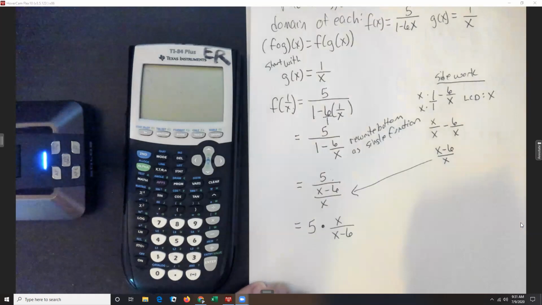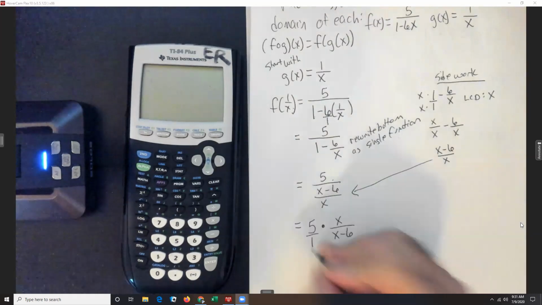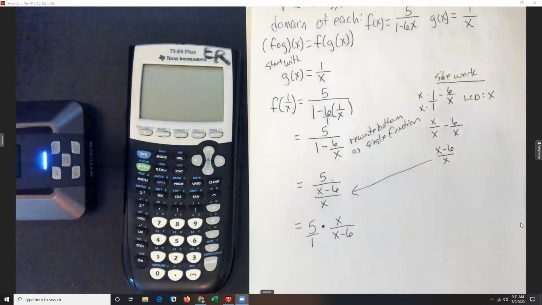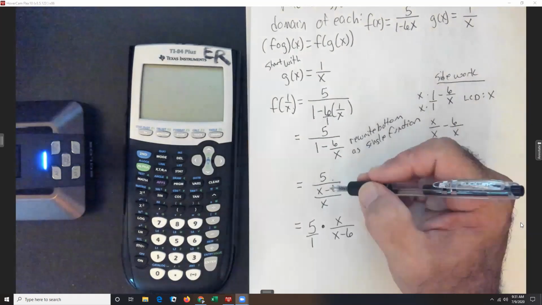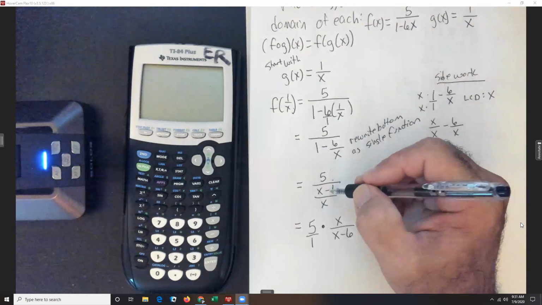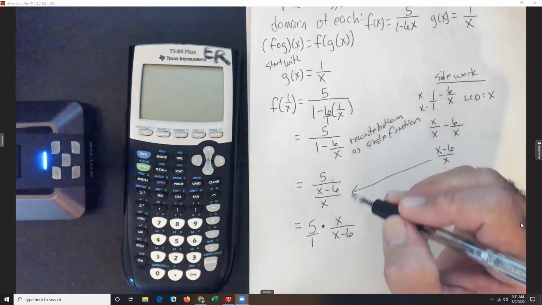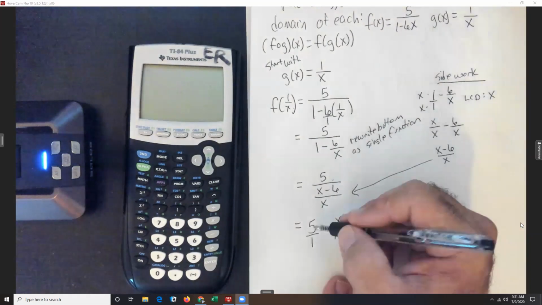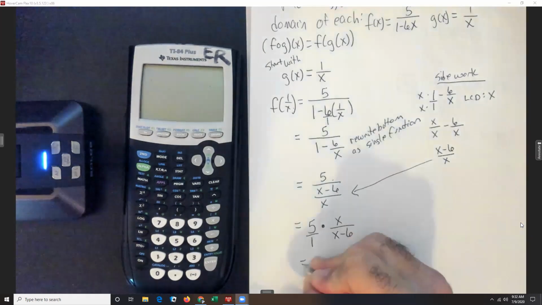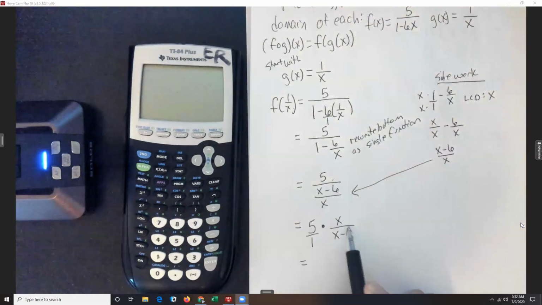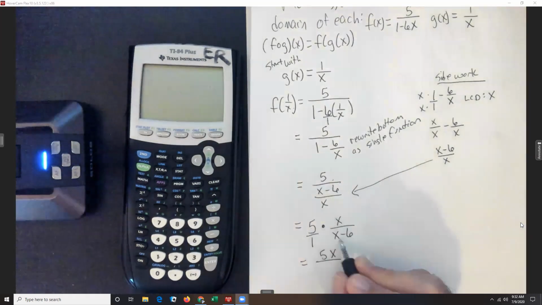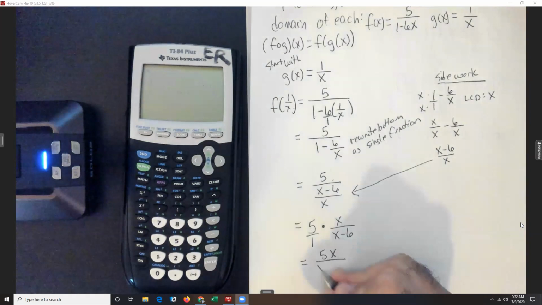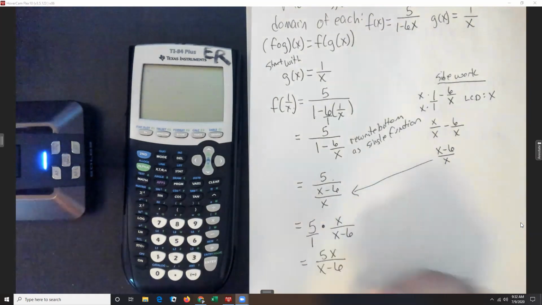And then once again, I'll put a 1 under the 5. So remember, if you take a top number, treat it like a fraction. 5 over 1 divided by x minus 6 over x is the same as 5 times x over x minus 6. Last step is to multiply. 5 times x is 5x. 1 times x minus 6 is an x minus 6.